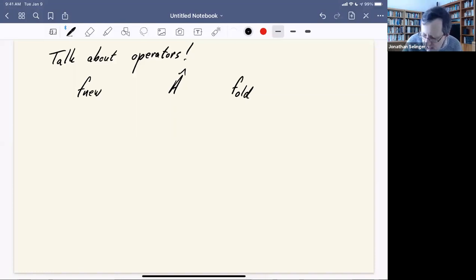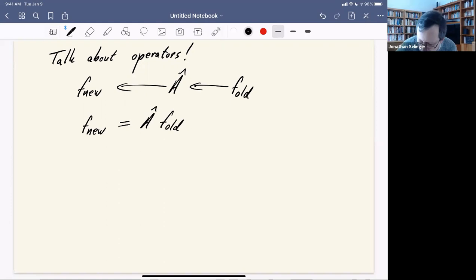It's like a machine: f old goes into the operator and it produces f new. The input comes in from the right and goes out to the left, which is a conventional mathematical notation. So we write this as f new equals A operating on f old.